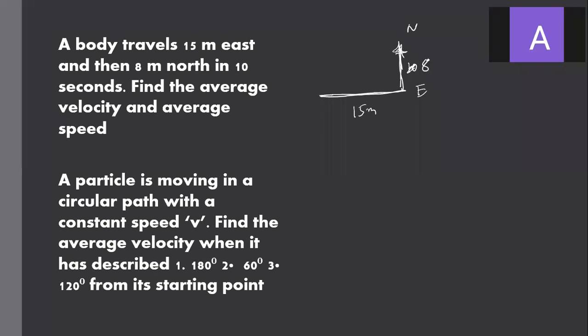The time is 10 seconds. So where is the displacement now? Displacement is like this, the hypotenuse. Pythagoras theorem tells you this is the square root of 15 squared plus 8 squared.